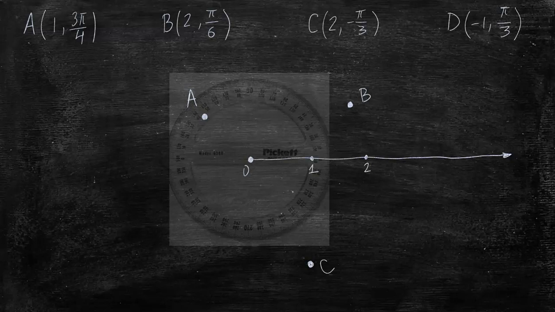And let's identify point D. Here we have something else interesting going on. First we measure pi over 3 in a counterclockwise direction, and now along this axis we have to be moving -1. What does -1 mean? What does it mean to move along the ray -1?